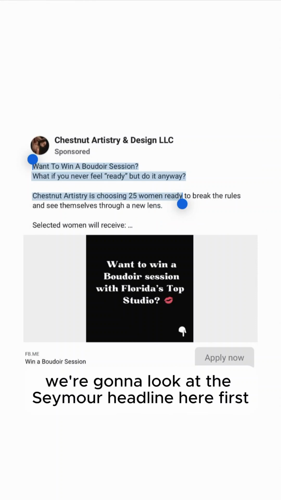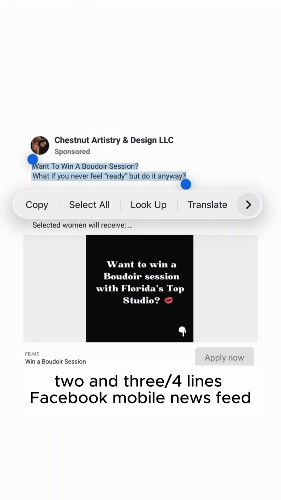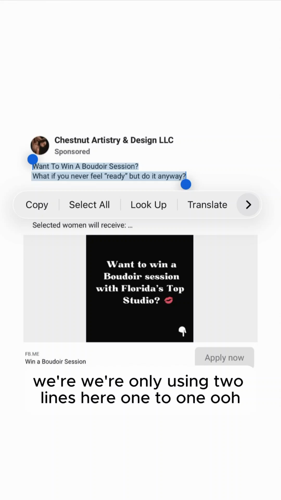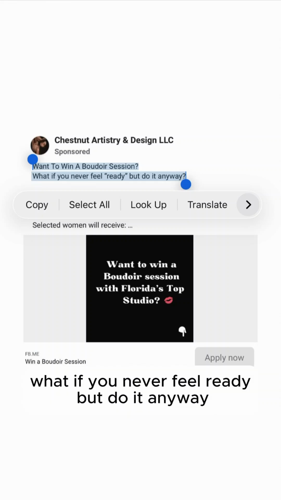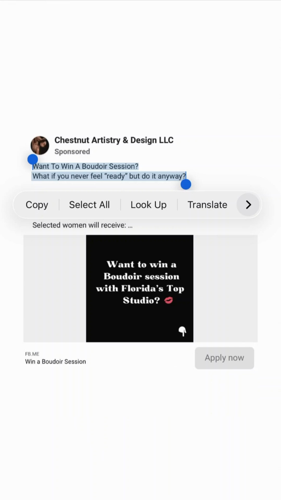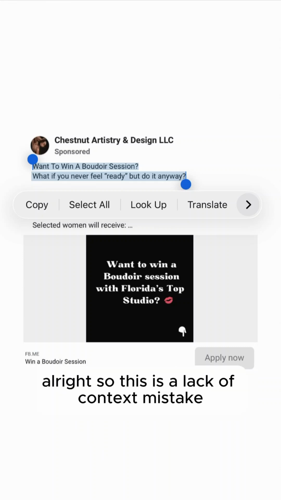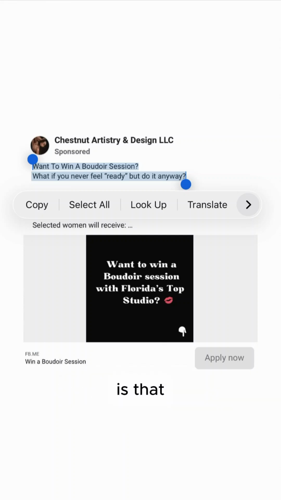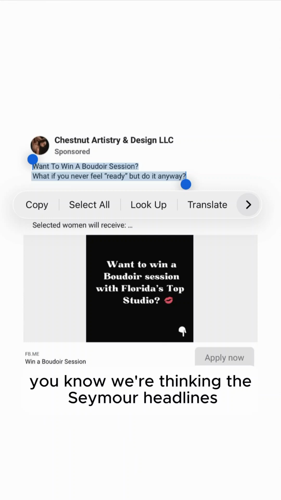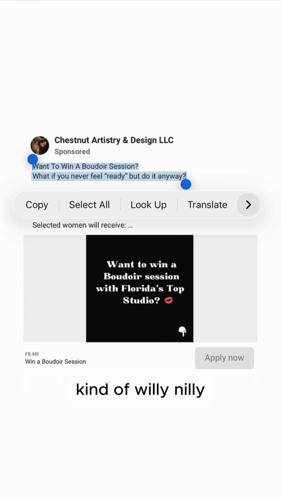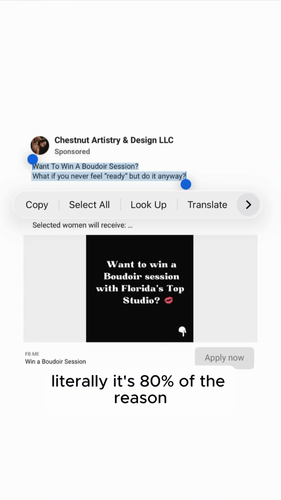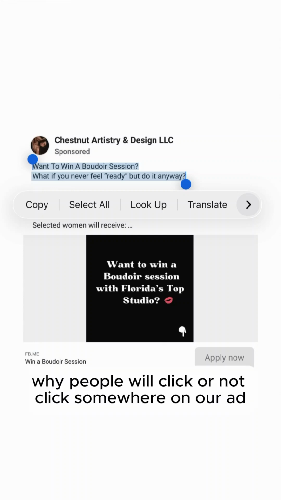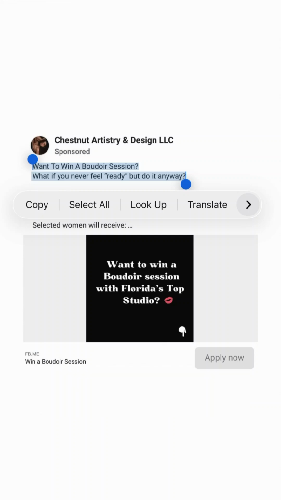Finally, we're going to look at the See More headline here, the first 2 3/4 lines in the Facebook mobile newsfeed. We're only using 2 lines here: "120 boudoir session. What if you never feel ready, but do it anyway?" All right, so this is a lack-of-context mistake. The false belief that causes it is that we think the See More headline is kind of willy-nilly, when in fact it's literally 80% of the reason why people will click or not click somewhere on our ad. So this is actually the most important part.